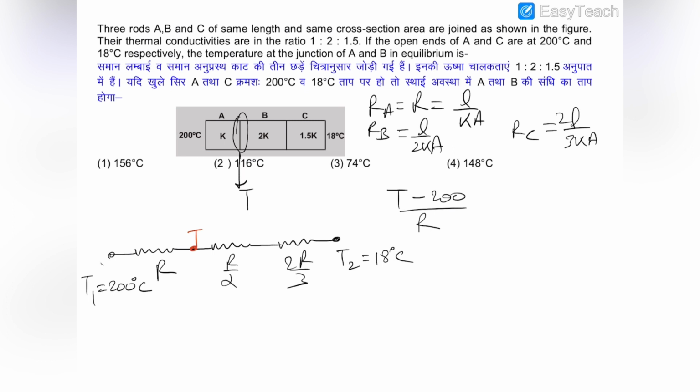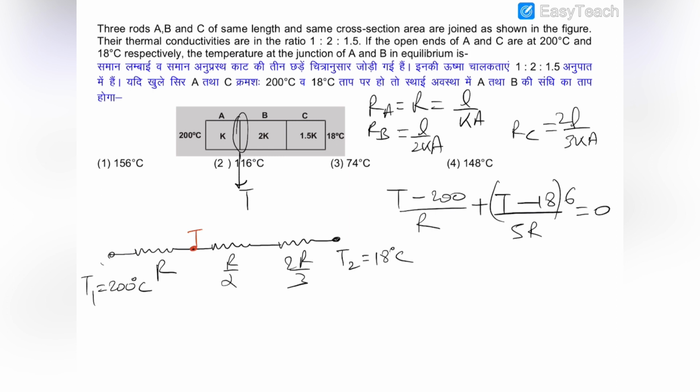So plus (T minus 18) upon 5R by 6, and this would be equal to 0.